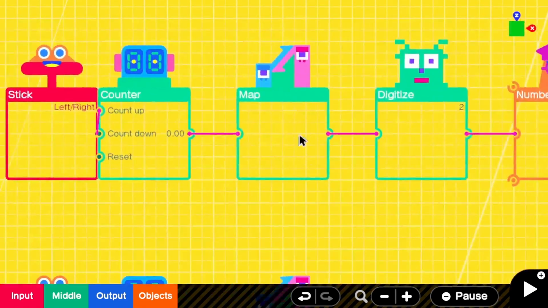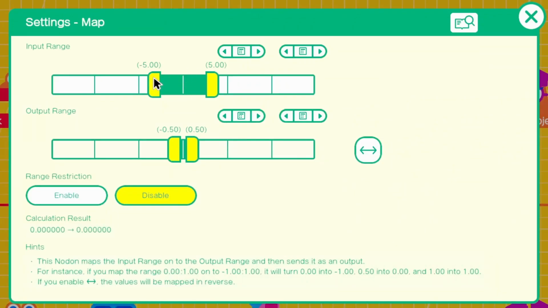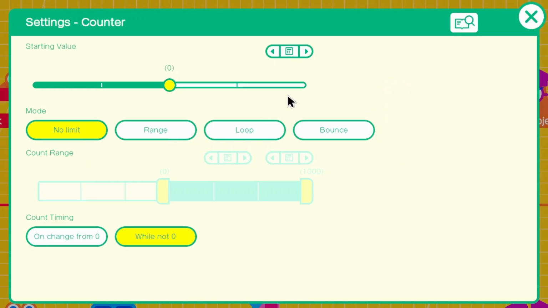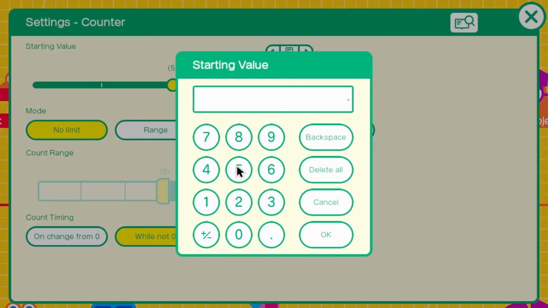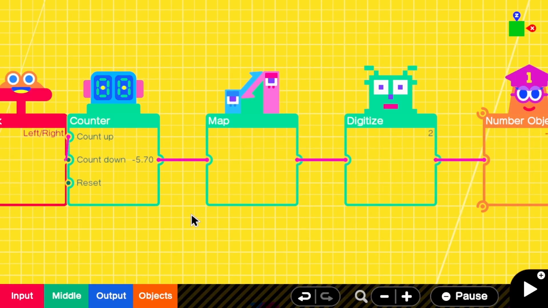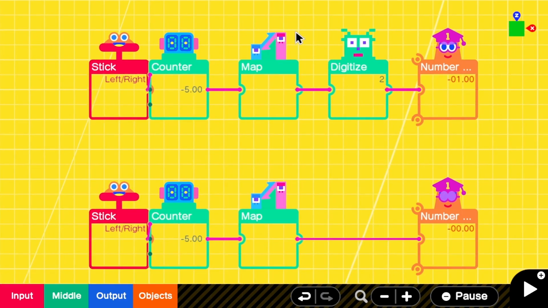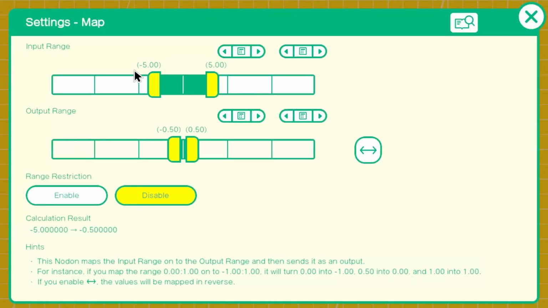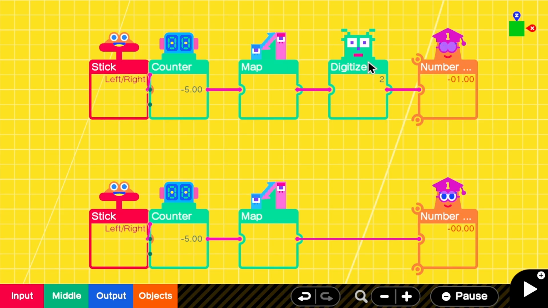But for this case with the map and digitize, if the input is exactly these values on the range, well here 5, it will actually turn on. And if it's negative 5, it will also turn on. So that's the only difference between these two examples. So yeah, this may cost one more nodon, but if you have a case where it's imperative that you want the output to be on at exactly the two values that you set up here, well, this might be the better solution to use instead.